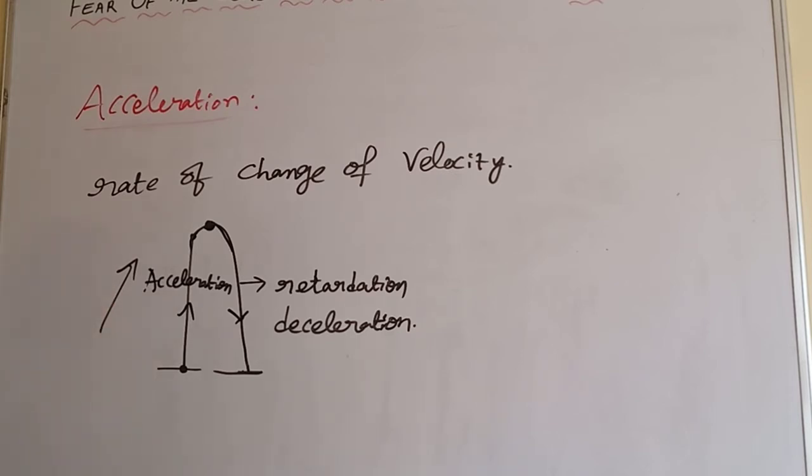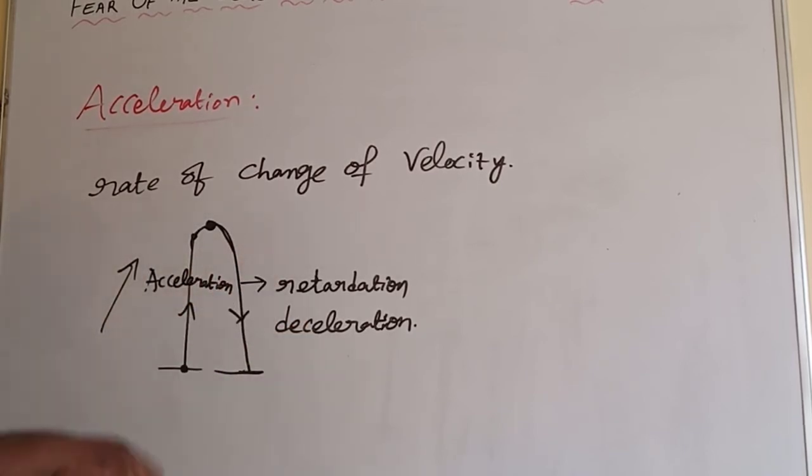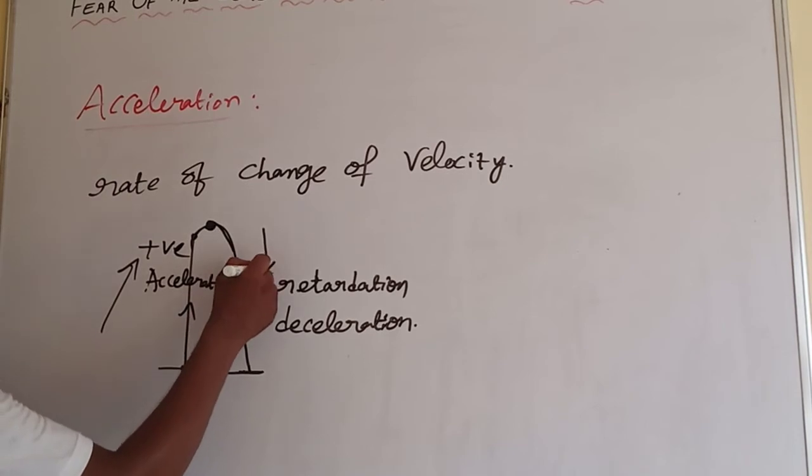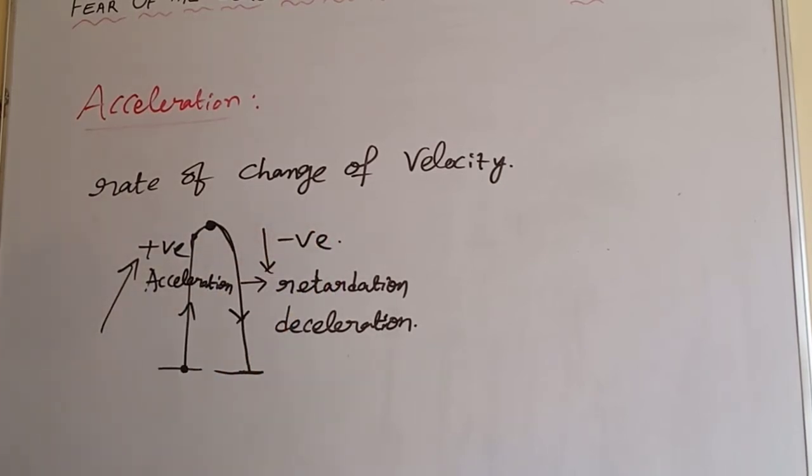Next, if equal changes of velocity take place in equal intervals of time, however small these intervals may be, then the body is said to be in uniform acceleration. Negative acceleration we can call retardation or deceleration. Upwards is positive, downwards is negative, that is deceleration.